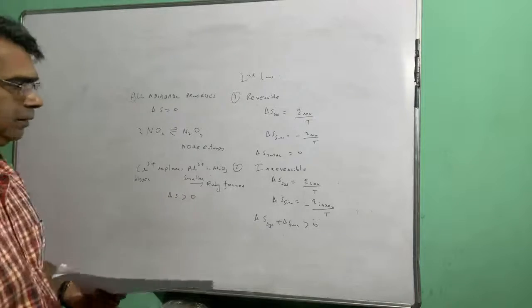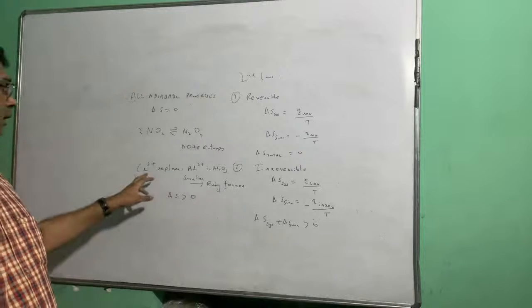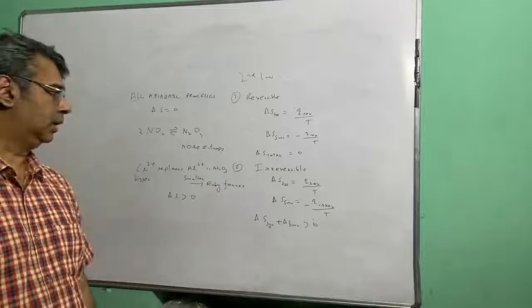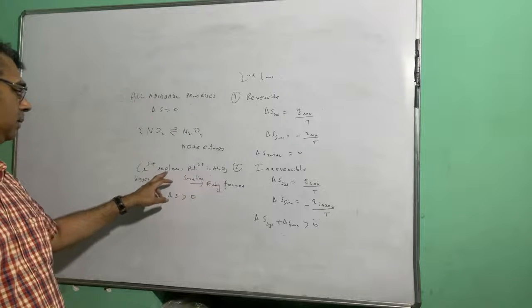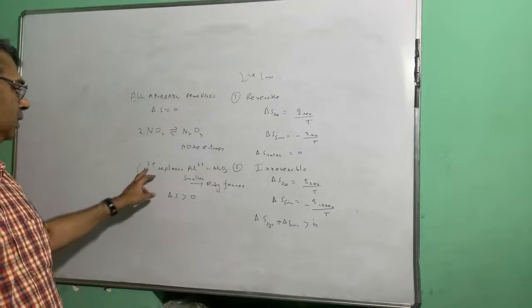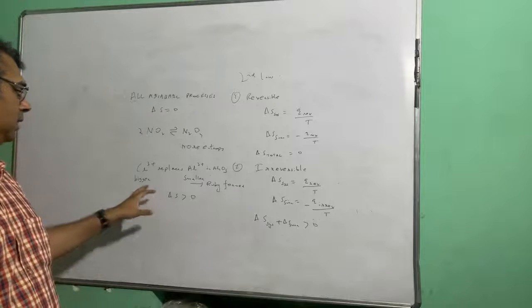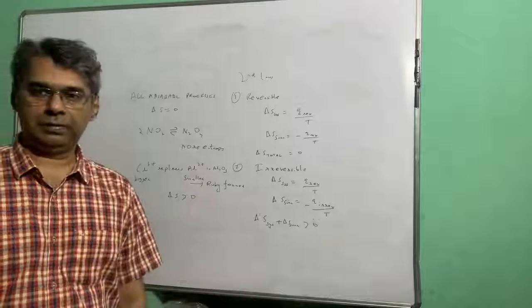Another example of bigger having more entropy: in aluminium oxide, the cation is Al3+. Now suppose Cr3+ replaces Al3+ in aluminium oxide. In that case Cr3+ is bigger and Al3+ is smaller, so ruby will be formed.